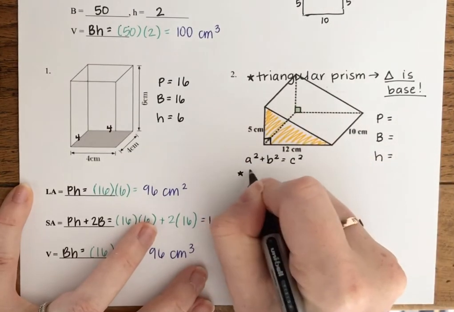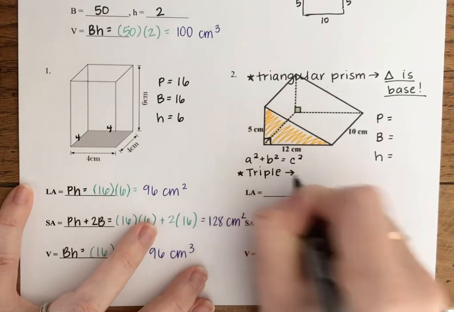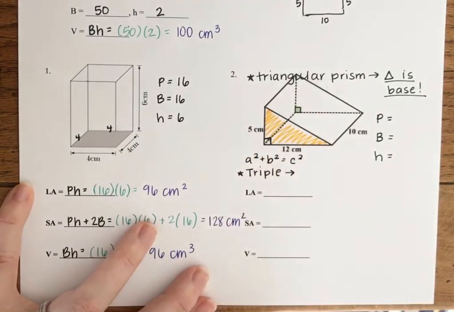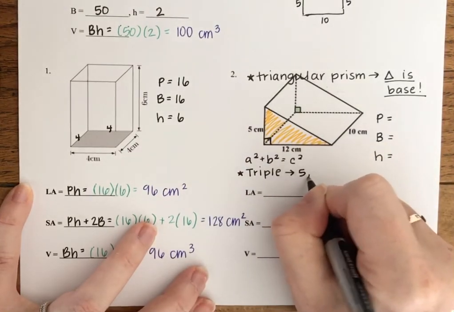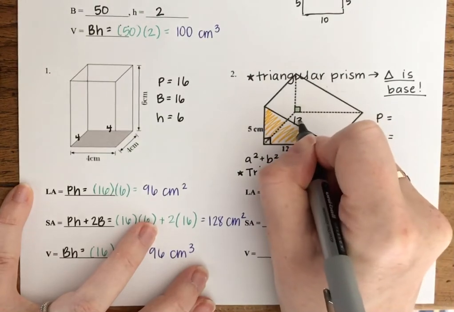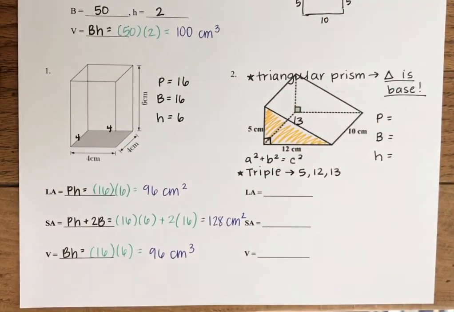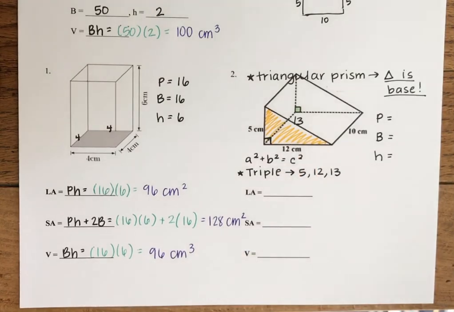Now, this one is a triple, so I'm not going to take the time to do a squared plus b squared equals c squared, because this is a triple, 5, 12, 13. So that means that the hypotenuse of this triangle is 13, and I don't have to actually plug into the Pythagorean theorem to know that. If you did plug into the Pythagorean theorem, you'd get 13.